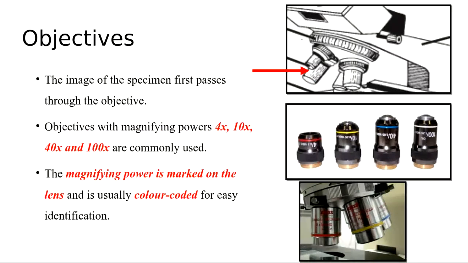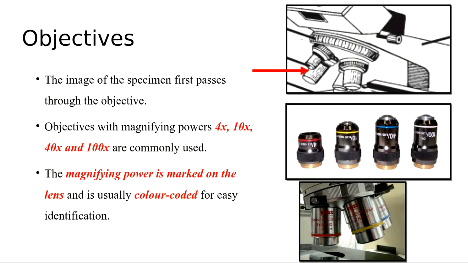Next, objectives. The topmost figure is the hand-drawn diagrammatic representation, and below you will see the objectives 4x, 10x, 40x, and 100x, sometimes called oil immersion. The image of the specimen first passes through the objective. Objectives with magnifying powers 4x, 10x, 40x, and 100x are commonly used.